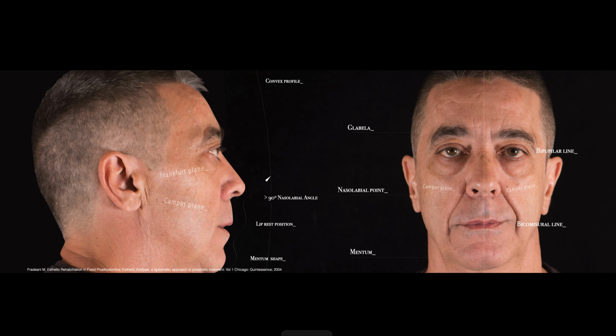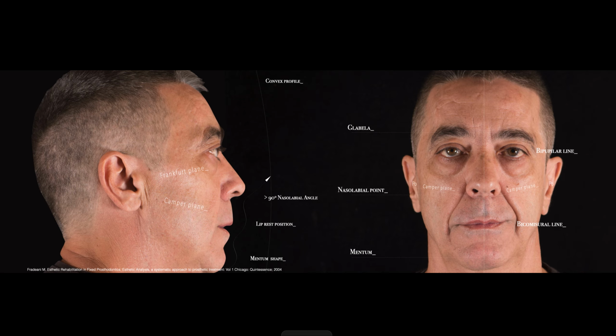And in this, the first point of importance that we take in this situation is to analyze the profile. And here the patient has a convex profile. It's important to know where the maxilla is situated in the plane, if it's super forward or backward.